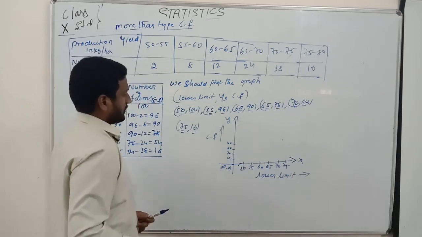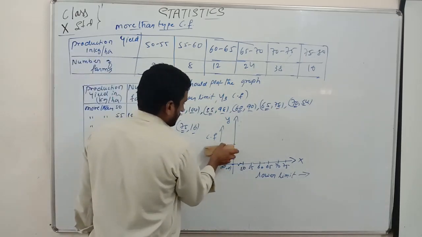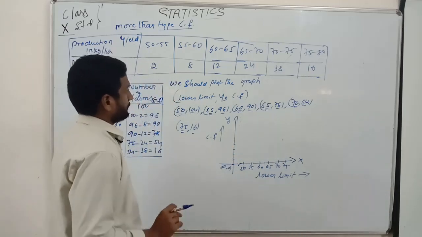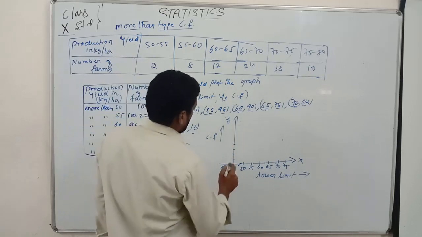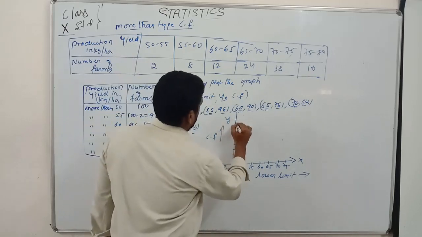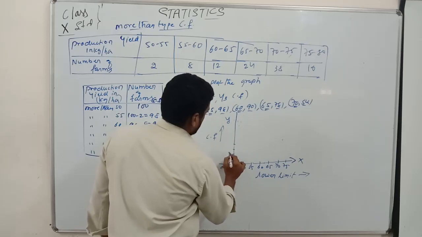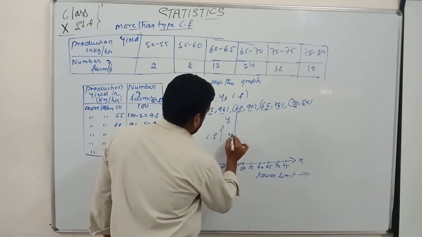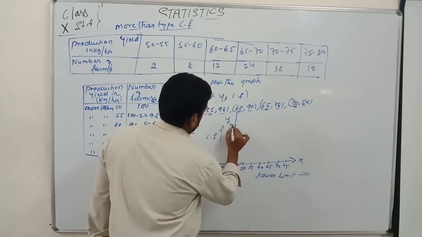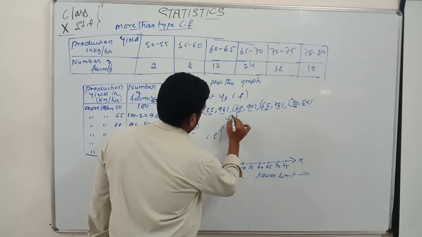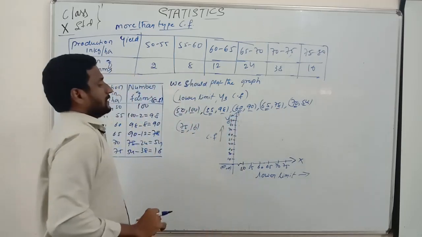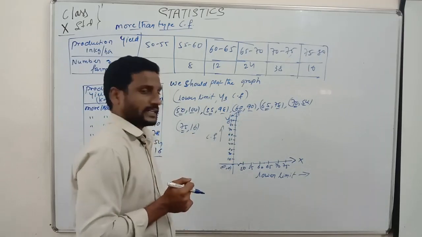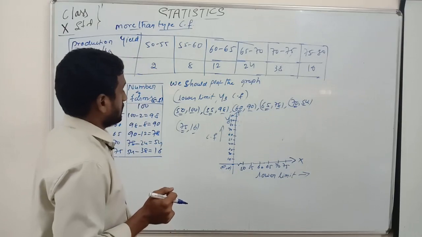Better you can take 10, 20, 30, 40, 50, 60, 70, 80, 90, 100. So 10 means 10 boxes here. Each box is 1 centimeter, so it measures 10 units. This is the CF.